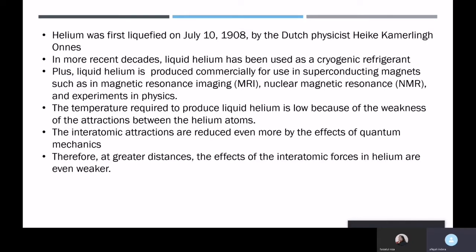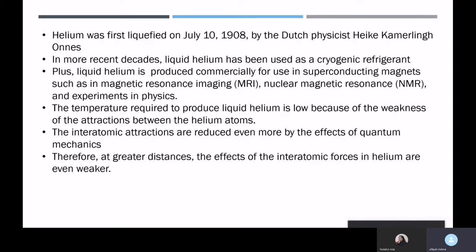After that, liquid helium was used as a cryogenic refrigerant, and commercially in MRI, NMR, and physics experiments. MRI and NMR will be explained more by my partner.